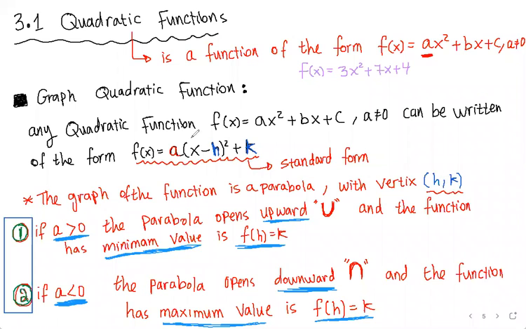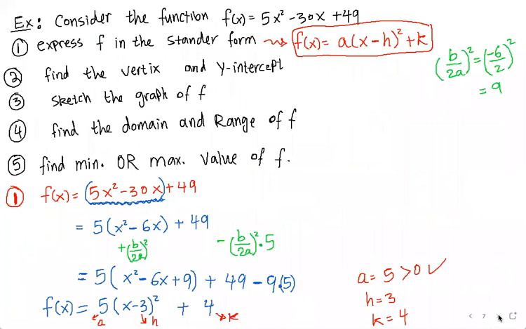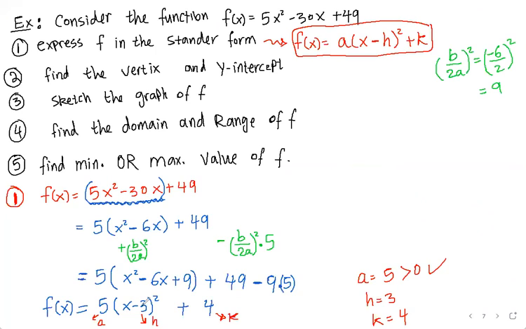So for the second part of the question, the vertex is h, comma, k, and this is equal to 3, comma, 4. Why? h is 3 and k is 4.